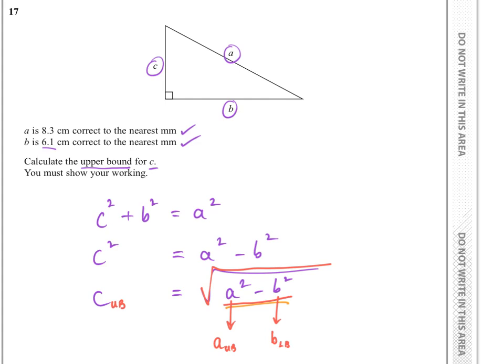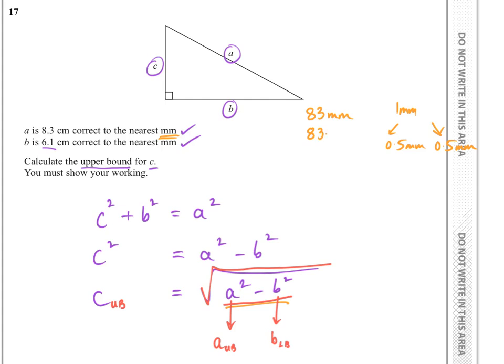Now, if it's the nearest millimetre, well, how many millimetres are there in a centimetre? Well, there's 10. So if we converted 8.3 centimetres to 83 millimetres, if it's the nearest millimetre, then we cut the millimetre in half, and we can add a half and take away a half either side.